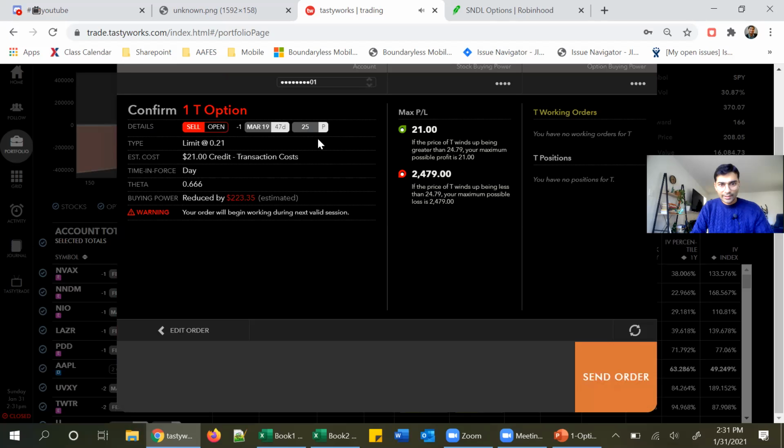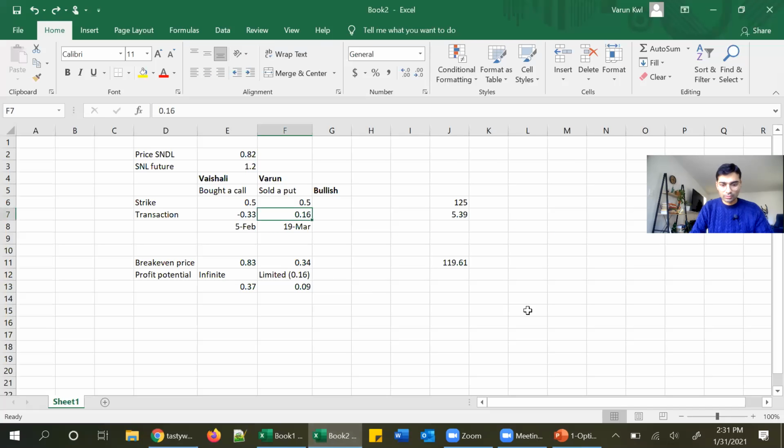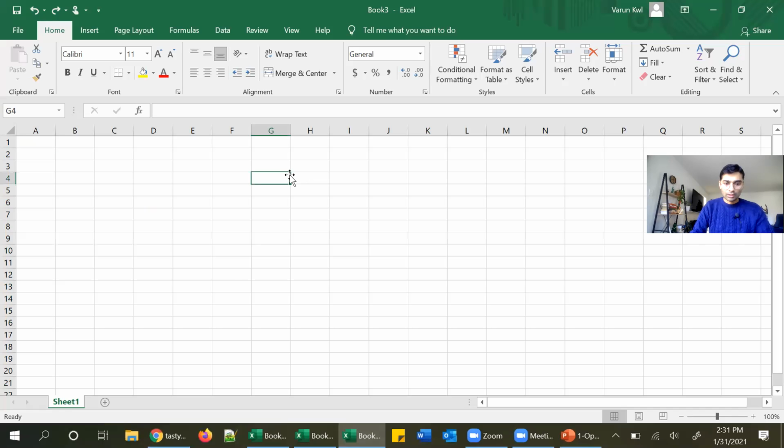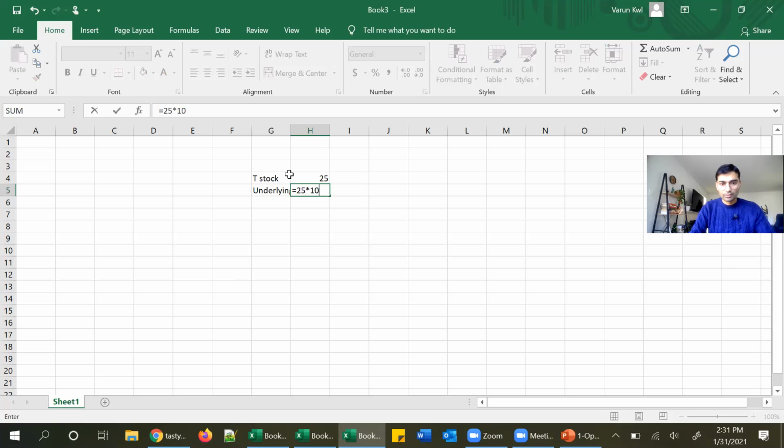So if you see T, sorry, this is AT&T. It's taking $223 buying power reduction, while the underlying value is the strike of 25 multiplied by 100, so $2,500 is the underlying value.